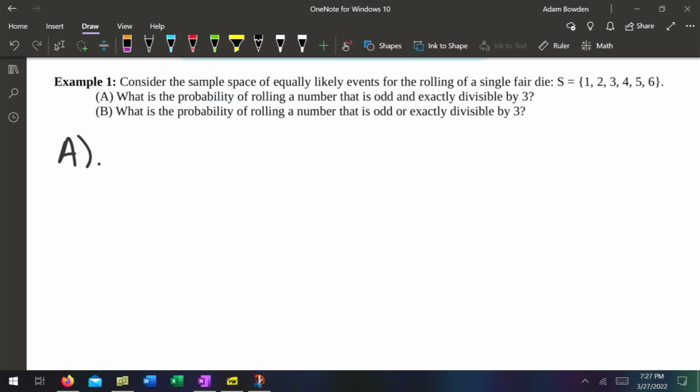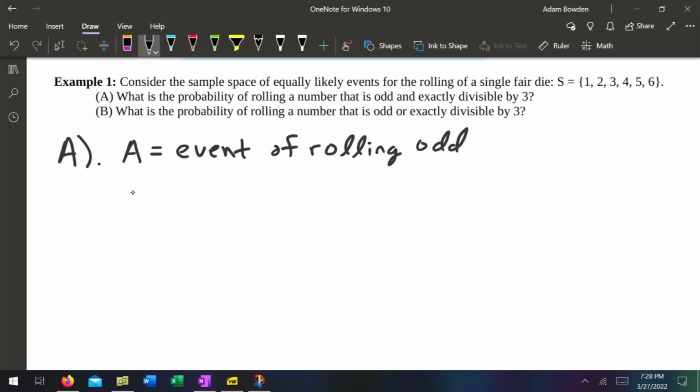In this example, where we're going to start is by looking at a single fair die with 6 sides. That'll be our sample space. So 1, 2, 3, 4, 5, or 6 are the different numbers I could turn up on a single 6-sided die. And we're going to start by looking at the probability of rolling a number that is odd and exactly divisible by 3. So let's let A stand for the event of rolling an odd number.